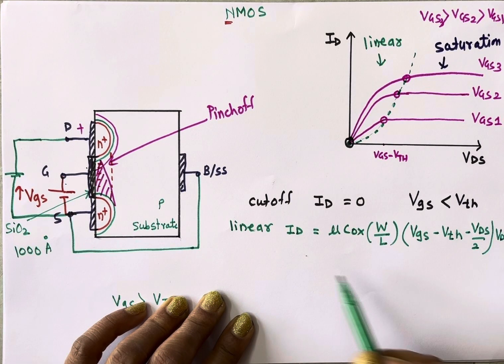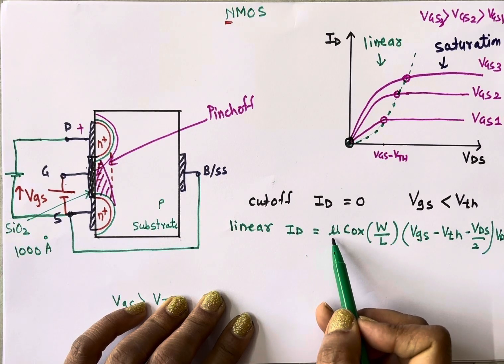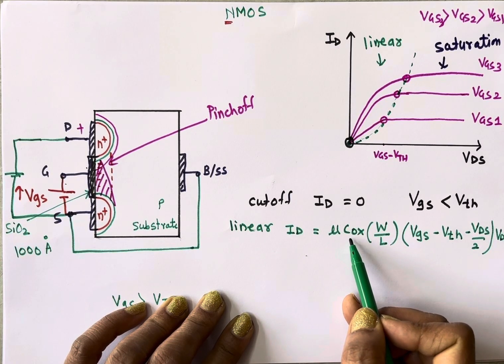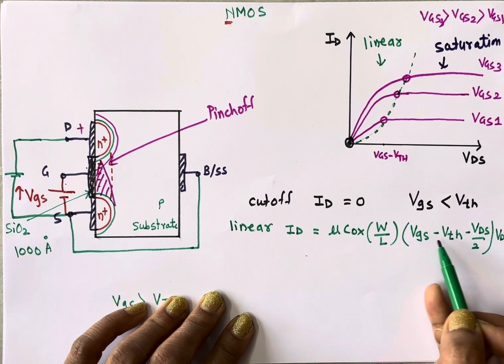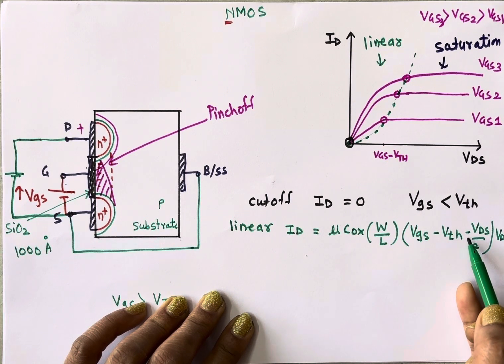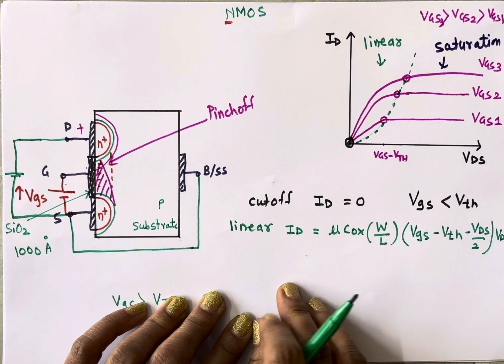So here the drain current depends on the mobility of charge carriers, the capacitance of the oxide layer, W by L, the width by length of the channel, and VGS minus V threshold minus VDS by 2 times VDS. That is for the linear region.